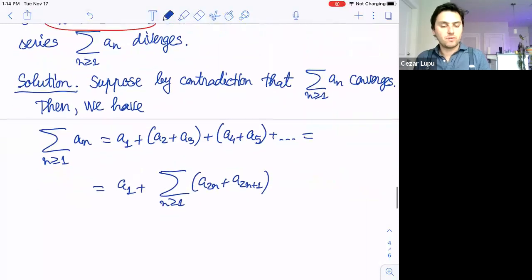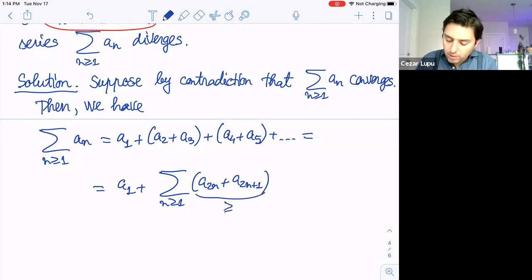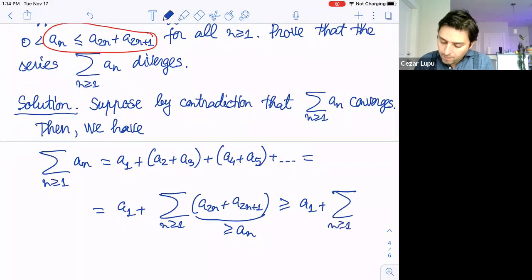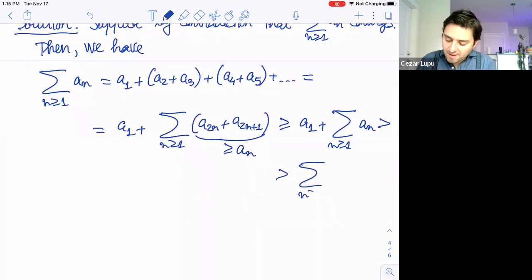I'm just going to leave the first term, and then I'm going to take a_2, a_3, a_4, a_5, and so on, and group them in pairs like this. But this here, we know is greater or equal than a_n, right? So this will be greater or equal than a_1 plus the sum of a_n, which will be strictly greater than the sum of this series.